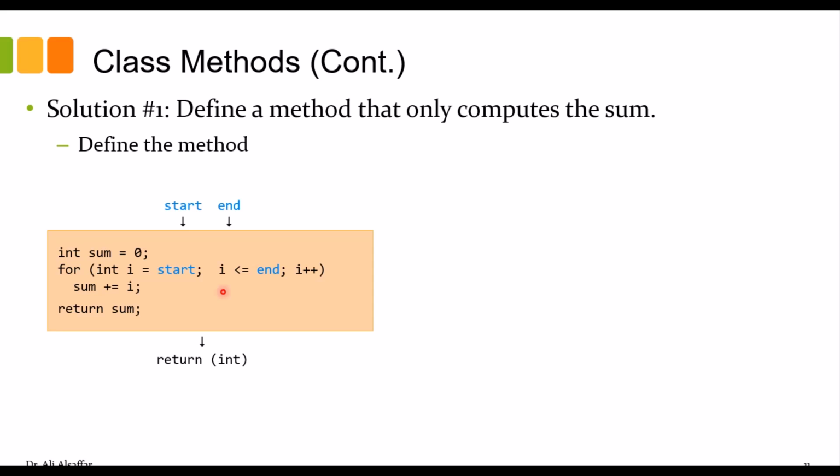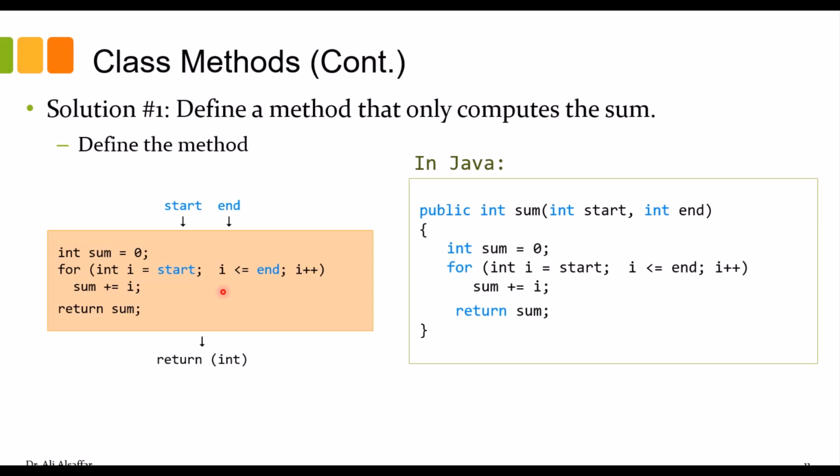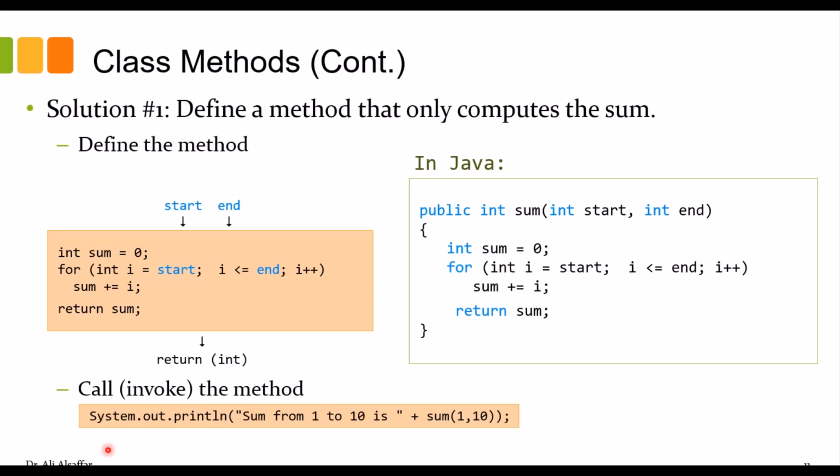Now how to use this method? To use this method, which should be outside the class, this is now the definition of the method, and I will show you the syntax of the method. Don't worry about it now. This is just how to define the method. Here, how to call the method. You write system.out.print and you write sum from 1, and this is how you use the method.